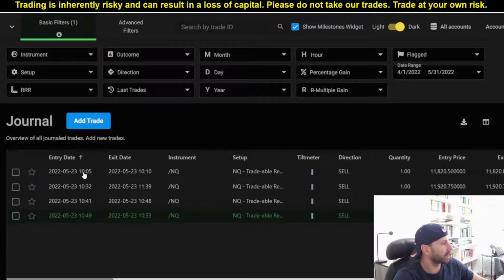So my first trade, I want to explain the difference between my first trade and my other 3 trades, because my first trade was a short, right? I saw signs of weakness, but I really had no entry point till 10:05.